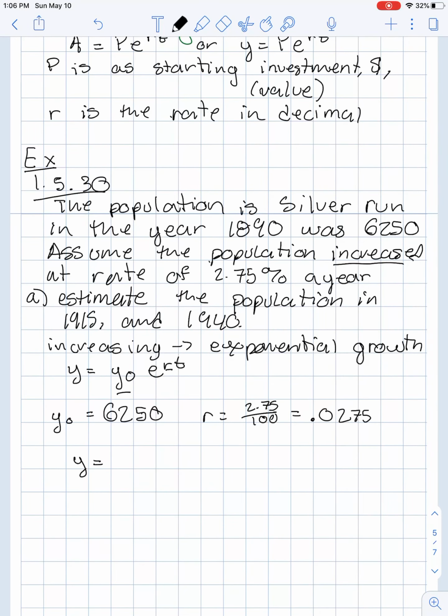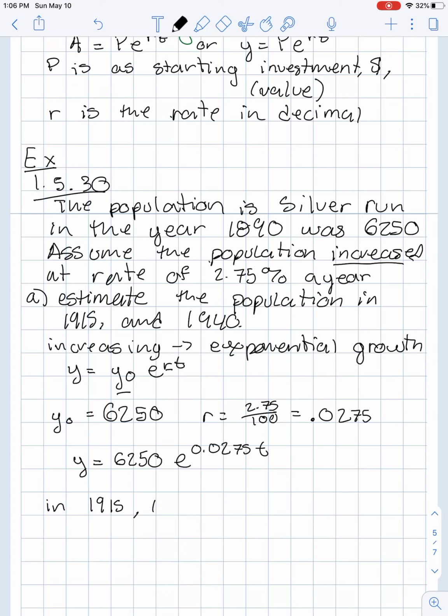All right. So now I have an equation of y equals 6250 e to the 0.0275t. We're using t right here instead of x. It's just a variable. It's usually used with time.